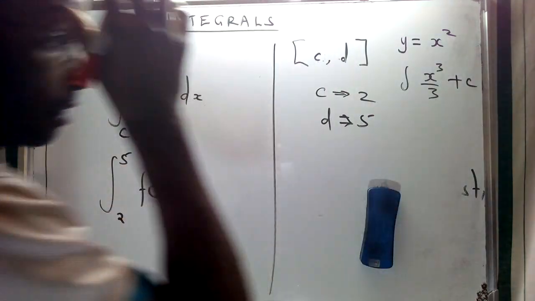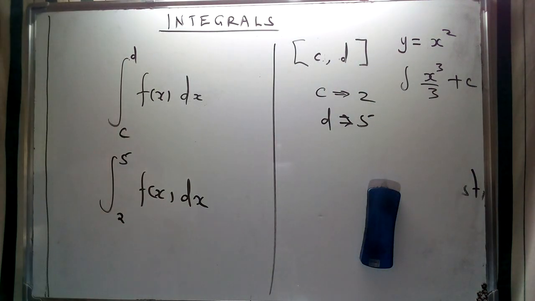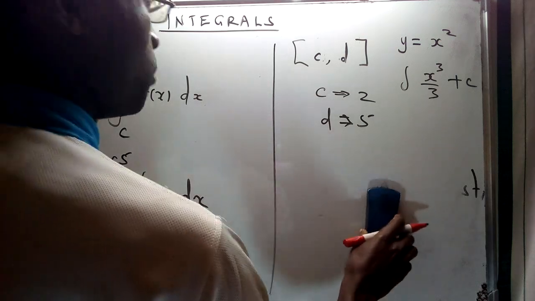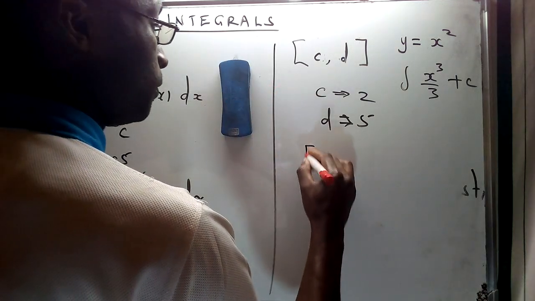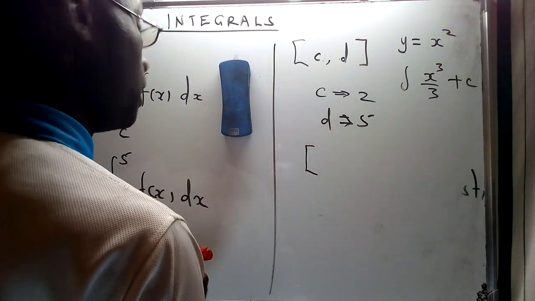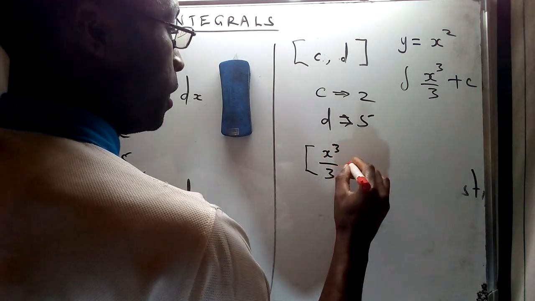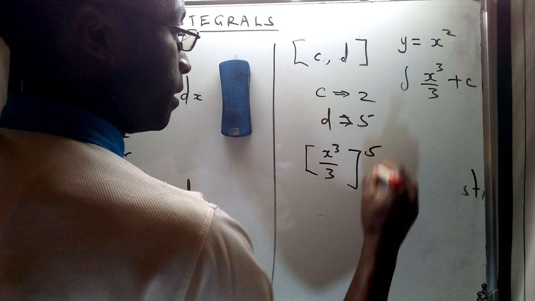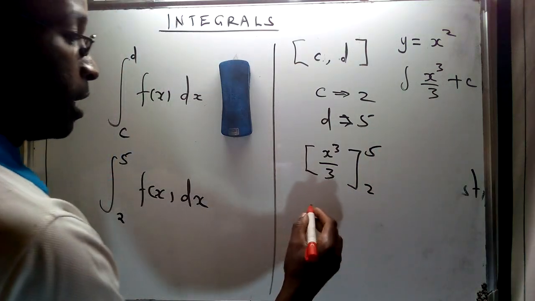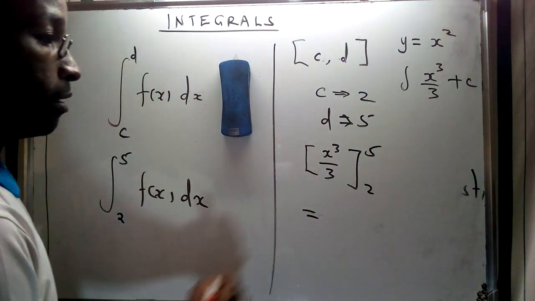In case we have a lower and upper limit of integration, this is going to be the difference between the values of x, the difference between 5 and 2, represented as such. So we can find the value of that integral.